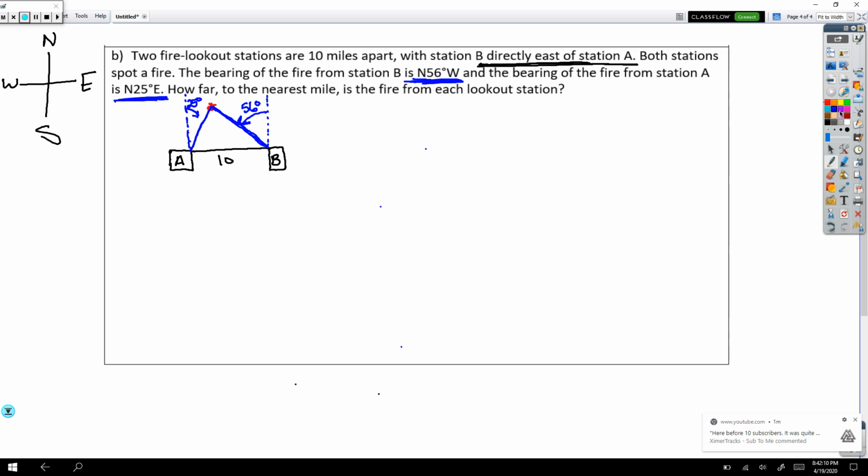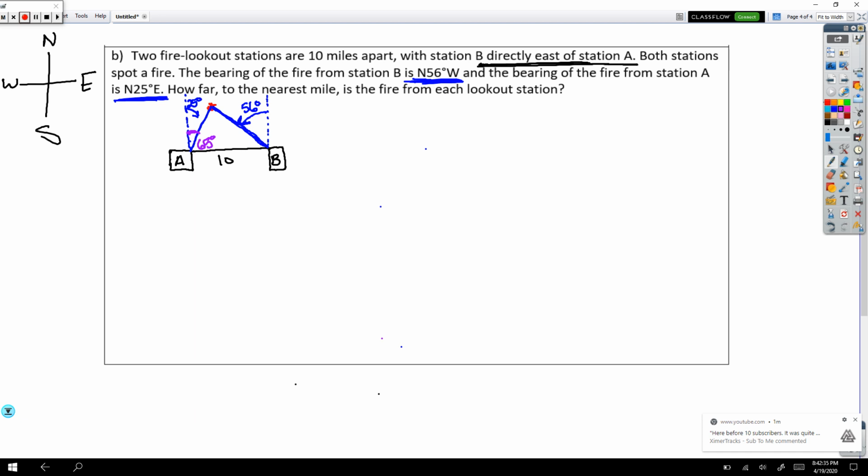So I have those outer angle measurements, but that doesn't really help me with my inner triangle measurements. So I need to figure those out. So if this is 25 degrees, the total would be 90, right? So that means that inside, this would have to be 65 degrees.